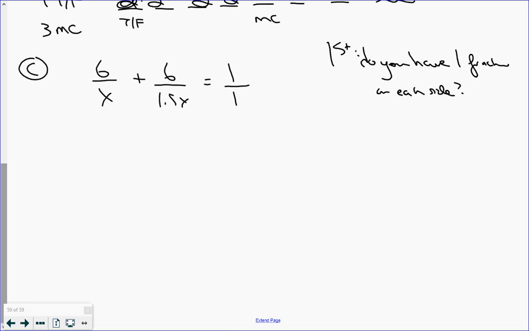So if the answer is yes, then all you do is cross multiply. We did one of those yesterday. If the answer is no, then we have to check for factoring. X and 1.5x, there's no factoring here.